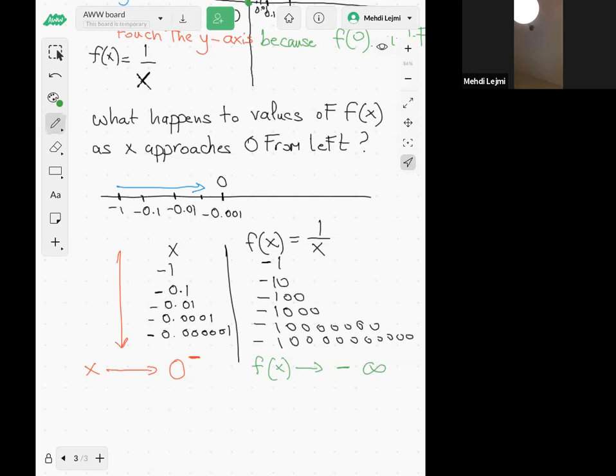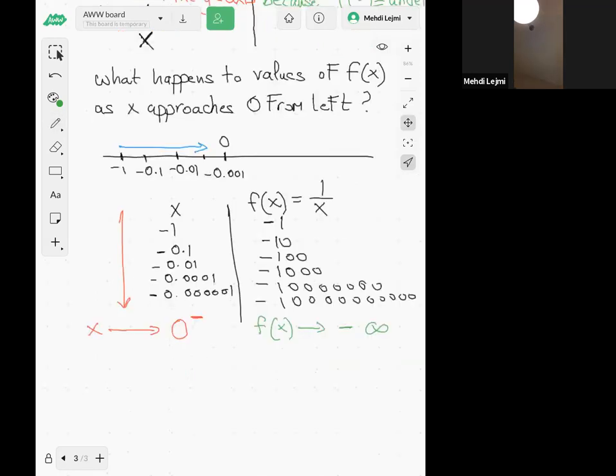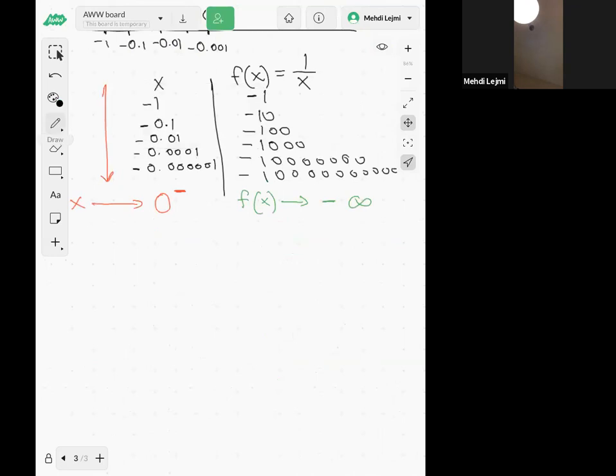Now, in the graph, if you want to plot these points, let's see what happens. Here is my 0, and here I have -1, then -0.1, -0.01, etc. So when x is -1, 1 over x is -1.